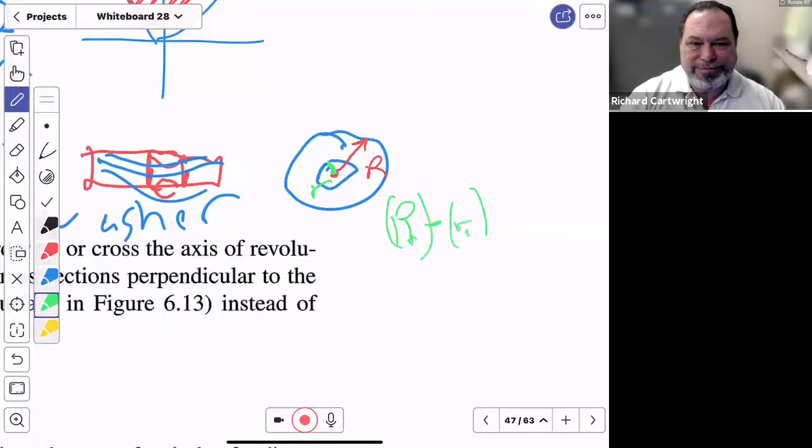And when we talk about the area of that circle, it's actually pi r squared minus pi little r squared. Because when this sweeps around into a region, we're getting the whole area of a solid.